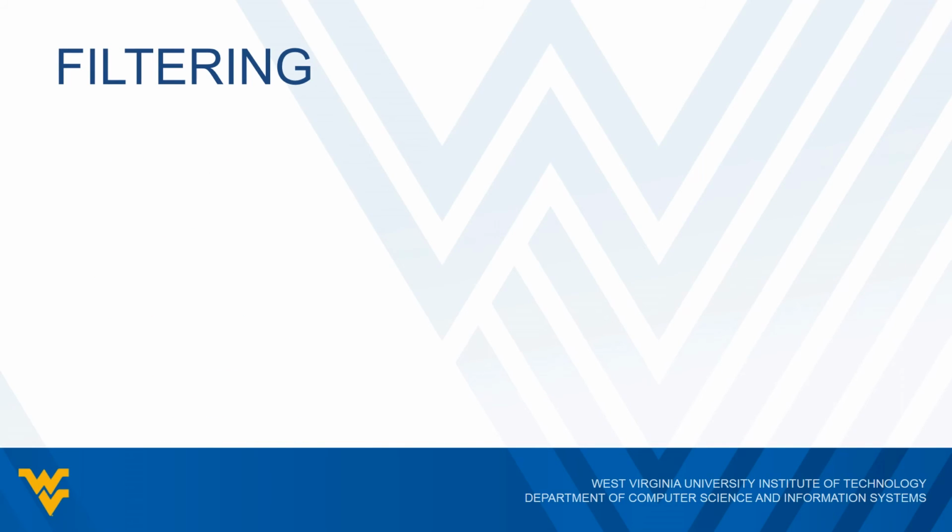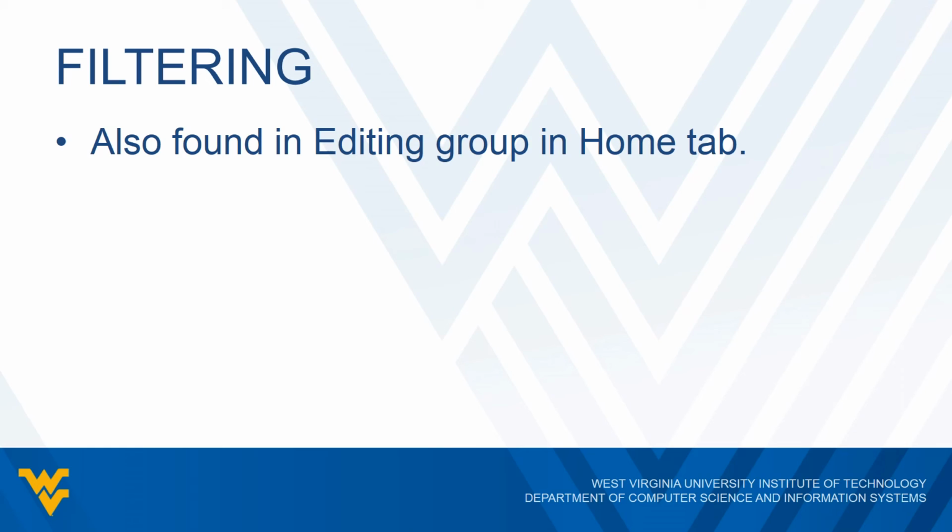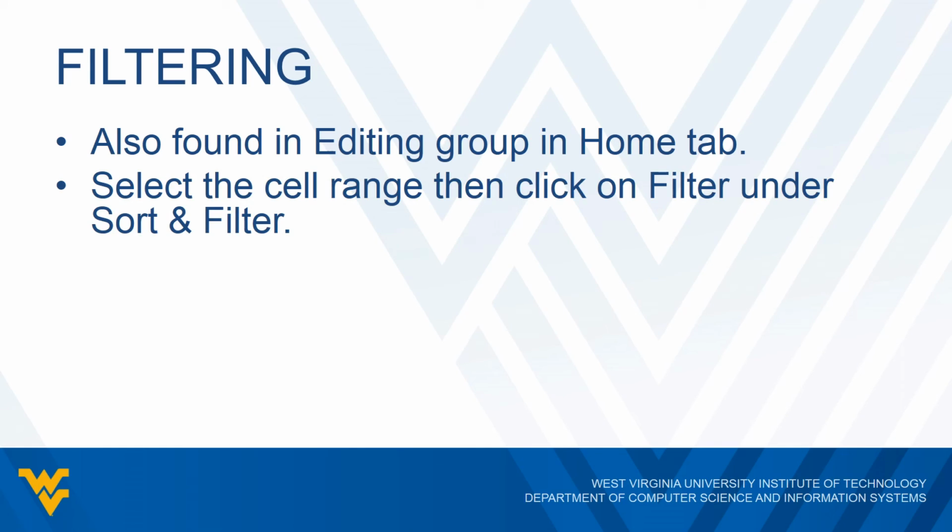For filtering, it's found in pretty much the exact same spot, in the editing group of the Home tab. If we want to filter specific rows in our spreadsheet, we simply select the cell range that we want, and then click on Filter under the Sort and Filter button from before.